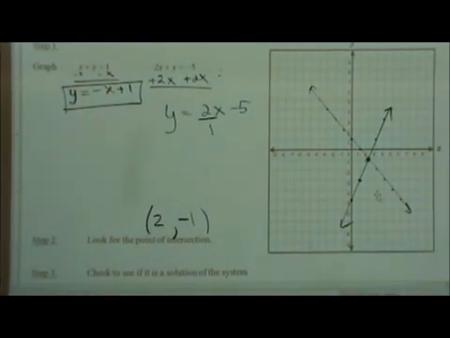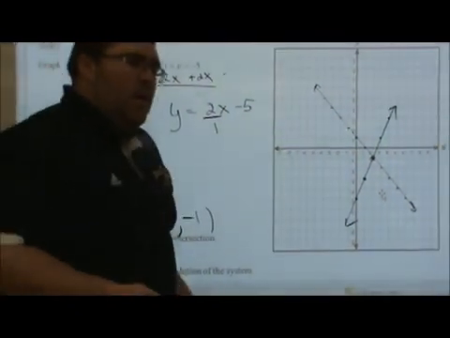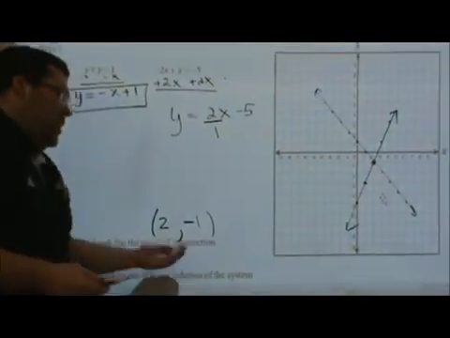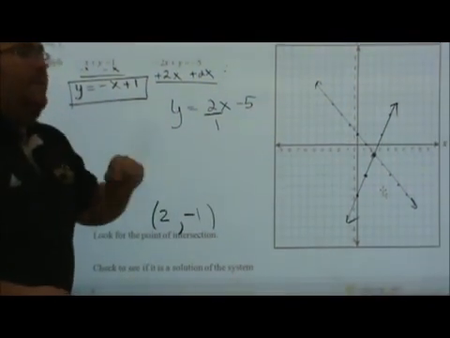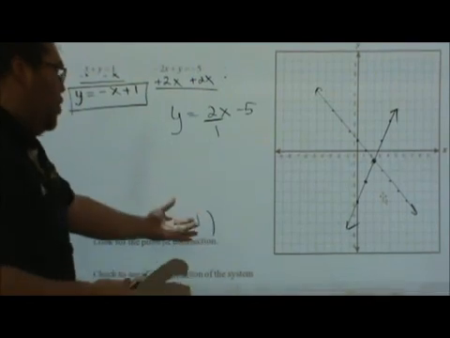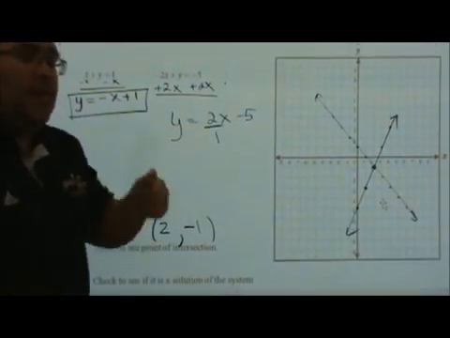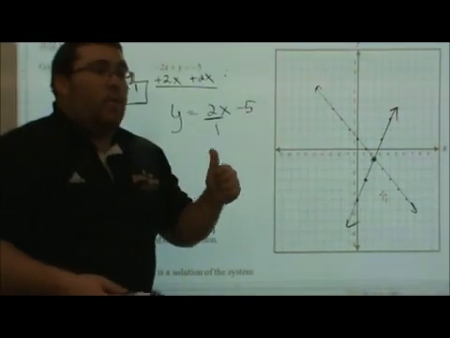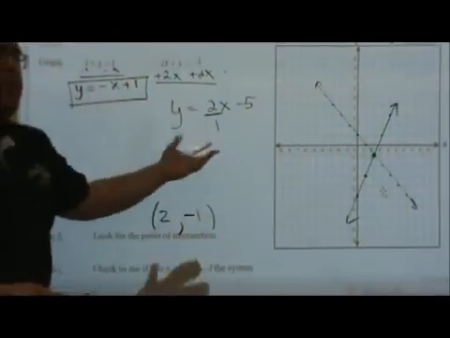The last step, a very important step, is the check step. We're going to take our ordered pair where the two lines intersect, and if that's truly the answer, we should be able to plug this point into both equations and get true answers. We could either plug it into the originals or into our rewritten equations.